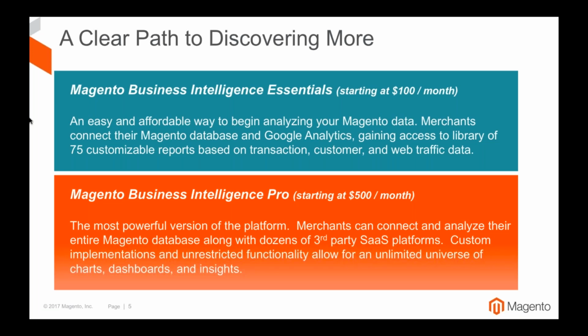It is our most powerful version of the platform that allows merchants to connect and analyze their entire Magento database. It allows them to connect third-party tools from software as a service platforms and ad networks and other data sources. And it also allows for just custom implementations and totally unrestricted functionality of the data management platform that exists inside of the tool.